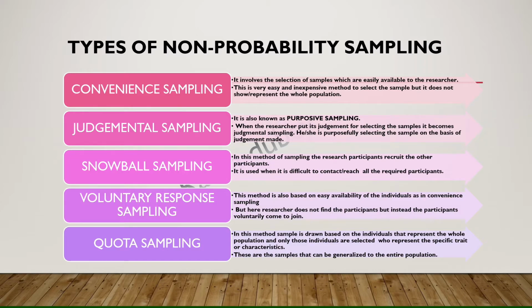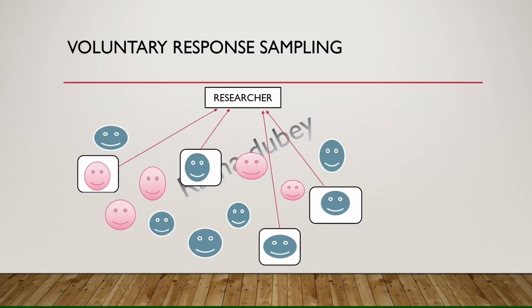In convenience sampling, the researcher was selecting those samples that were easily available to the researcher. But in voluntary response sampling, the researcher is not finding the participants, but participants are coming to join. Here you can see in convenience sampling, the researcher was going to the participant, but here the opposite is happening. That means these participants are contacting the researcher.